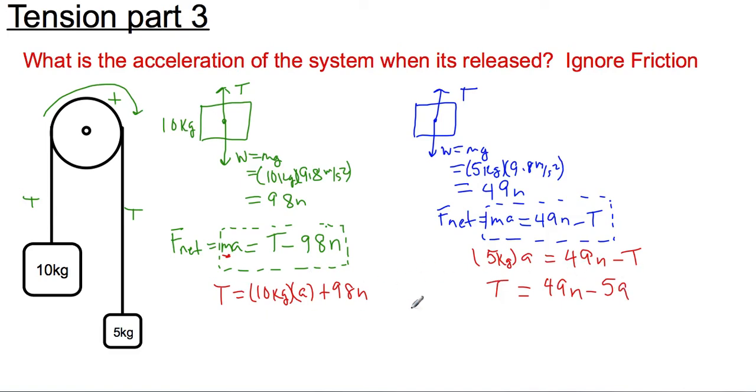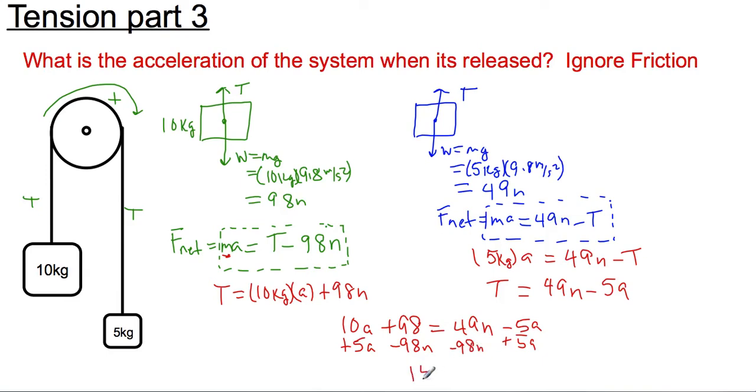Now because these two tensions are equal, I can set 10A plus 98 equal to 49 minus 5A. Now I can combine like terms. I add 5A to each side, and subtract 98 newtons.